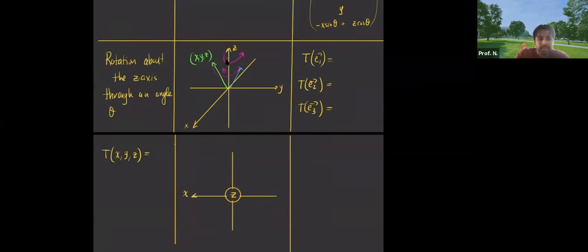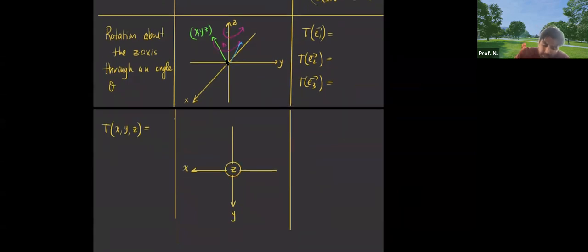If this is my x, then this has to be my y right here, positive. So the positive x-axis would be going to the left, and the one right beneath it should be positive y.